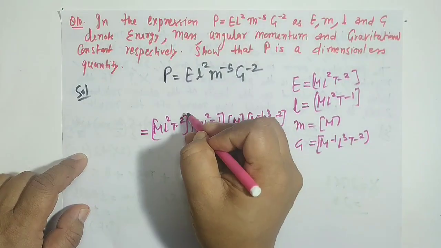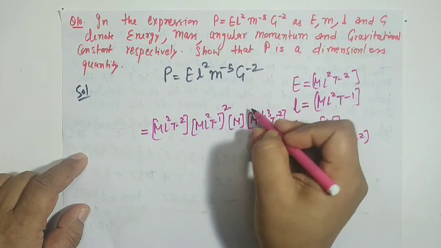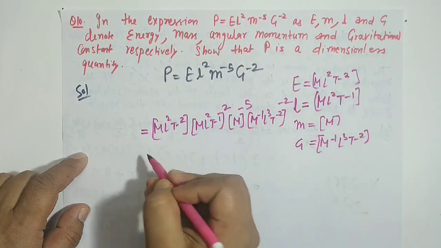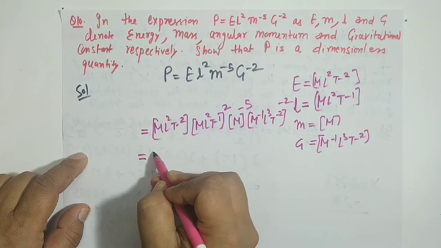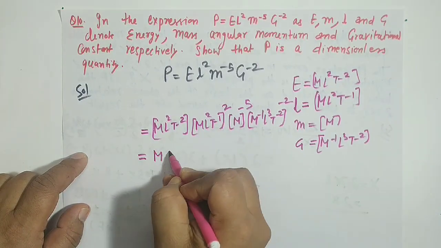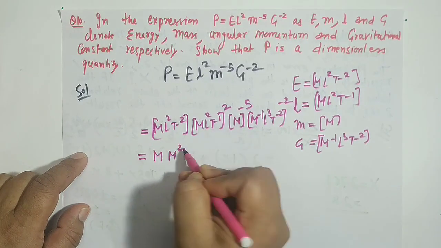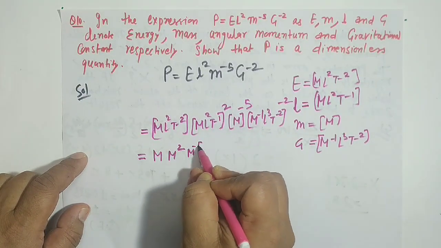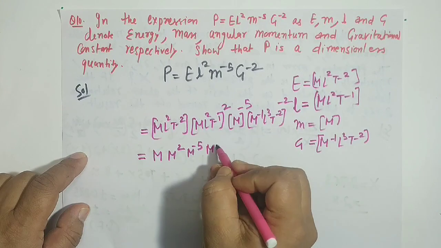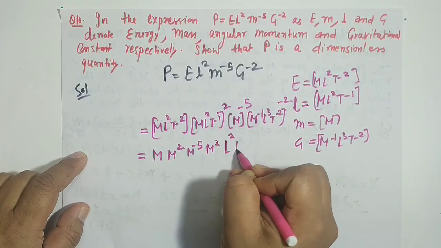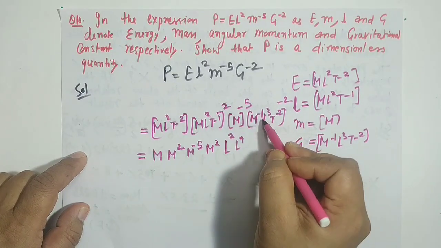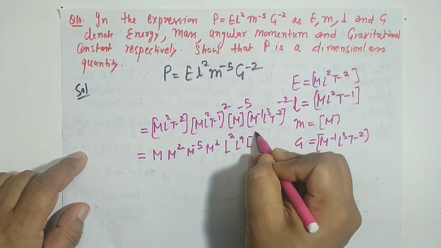Now their powers: the first one has power 1, then it is squared, then minus 5, minus 2. Now add them up. Do you know, M will be M to the power 2, M to the power minus 5, and M to the power 2 again. Here L 2, L 4 and from here L minus 6.